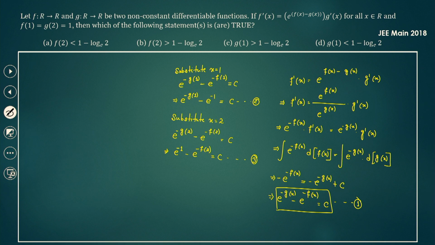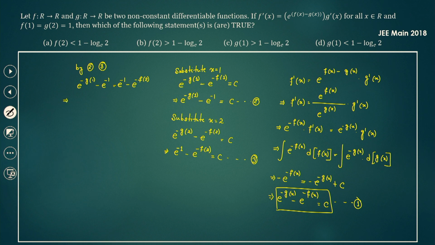So by 2 and 3, e to the power minus g1 minus e to the power minus 1 is equal to e to the power minus 1 minus e to the power minus f2.